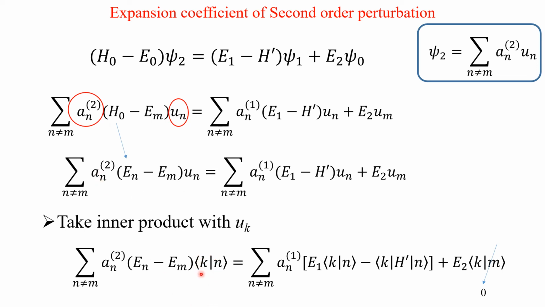You can take them out of the inner product. So this will simply become delta kn. From Dirac notation, this is uk and this is un, so it can be simply written as the inner product of k with n.